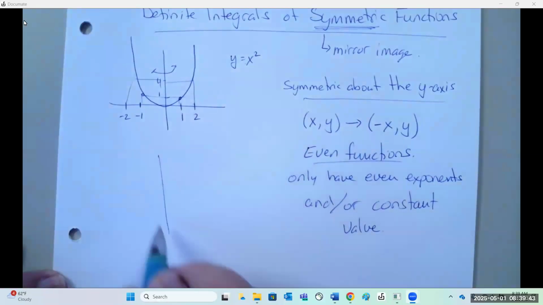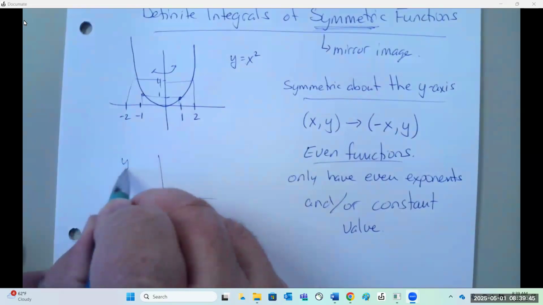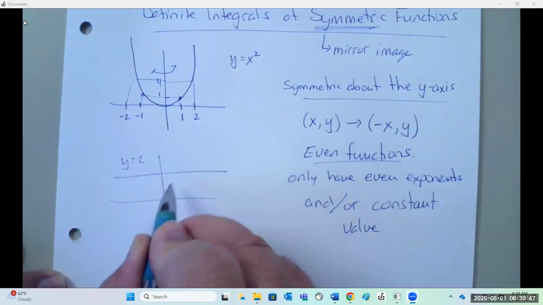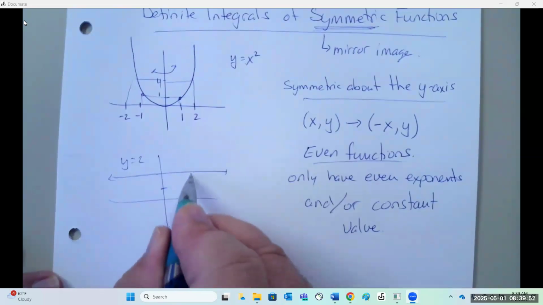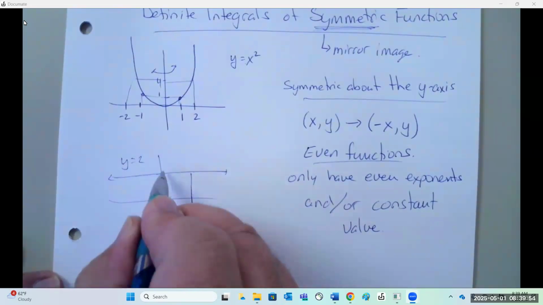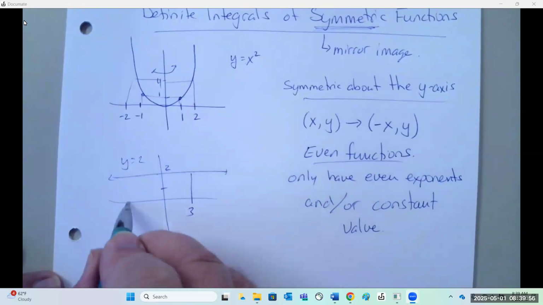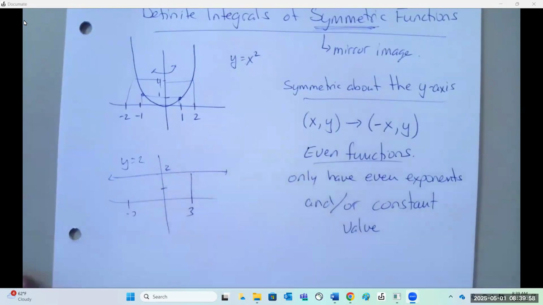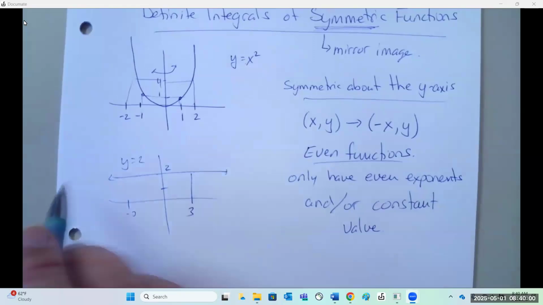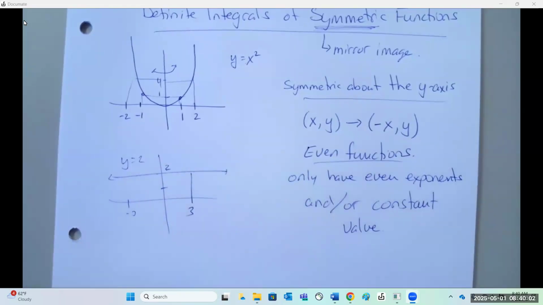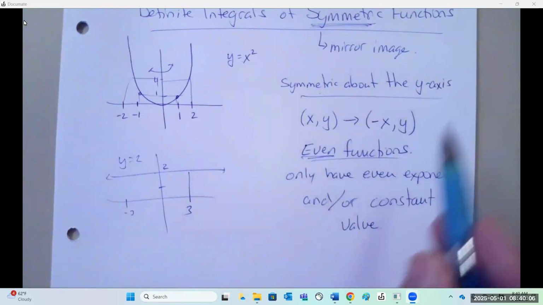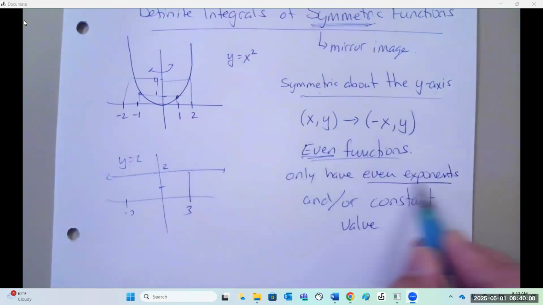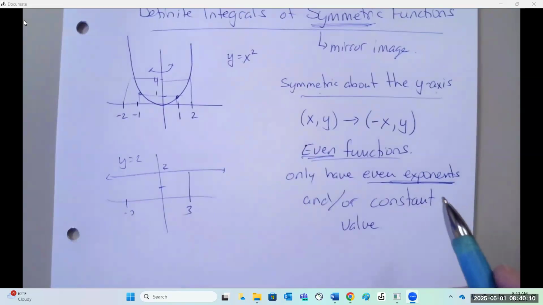For example, a constant function would be y equals 2. It looks like this. Again, when x is 3, y is 2. When x is -3, y is 2. So it's symmetric about the y-axis. So even functions are symmetric about the y-axis. Even functions have only even exponents, and they can have constant numbers.